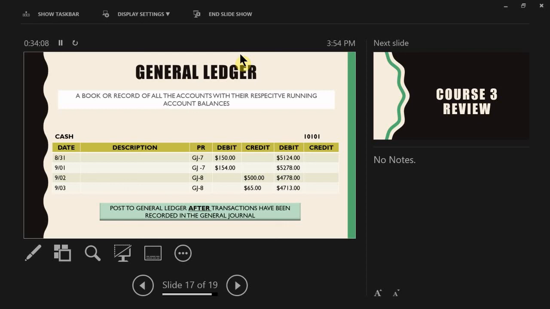And we'll talk about that when we dive straight into chapter 4. We'll talk about the accounting cycle, which includes step number 3 and step number 4. First, you have to journalize, and then step number 4 is to post to the general ledger. Okay? Any questions in regards to the ledger?